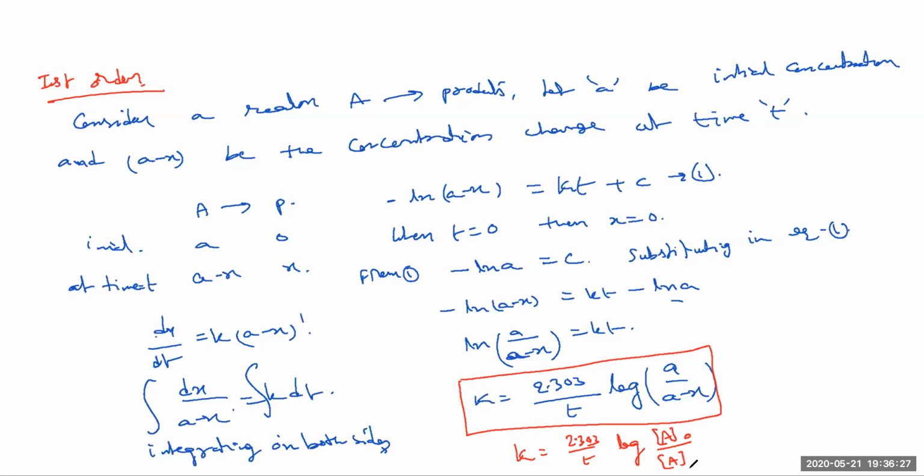Yes, tell me, ma'am. So why did 2.303 come? Natural logarithm is converted into common logarithm, so 2.303 will come.